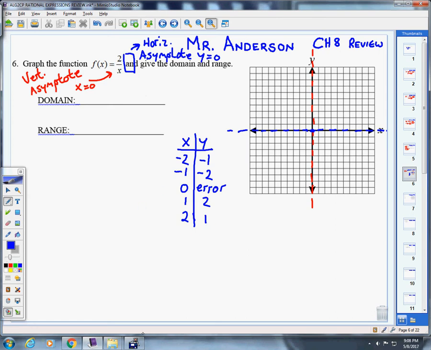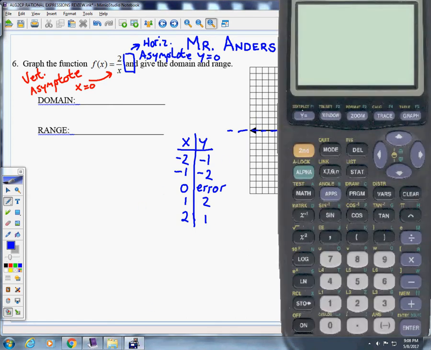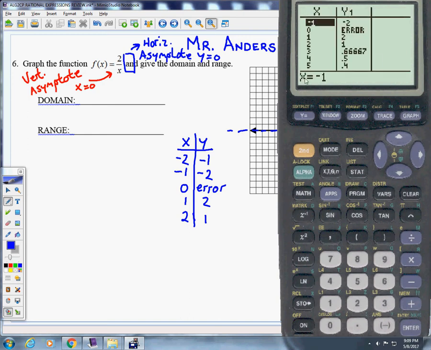But I want to pull these up on the table just to make sure that you are able to use your tools here. I'll turn this on. Right above graph is table. I want to hit second graph, which is the table, and we'll scroll up a little bit.